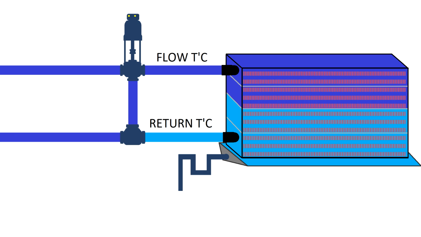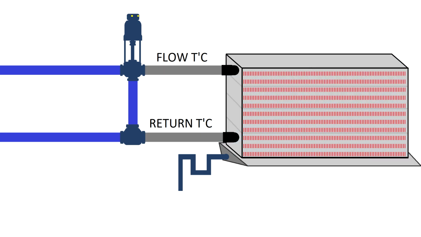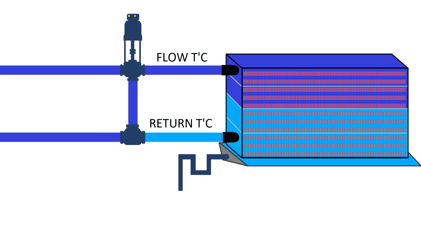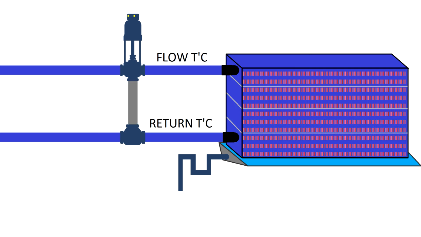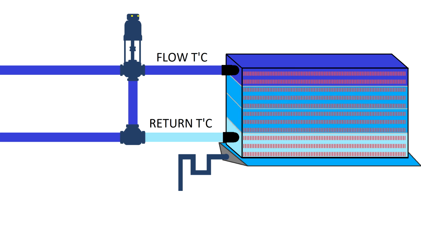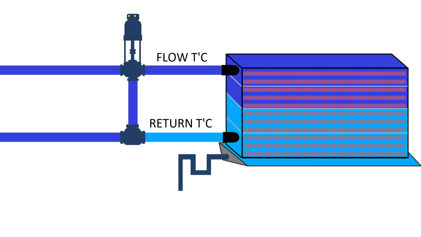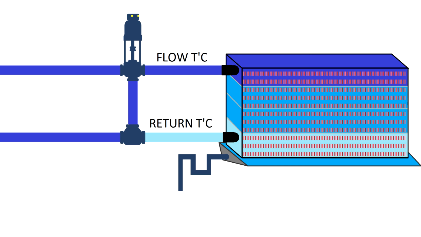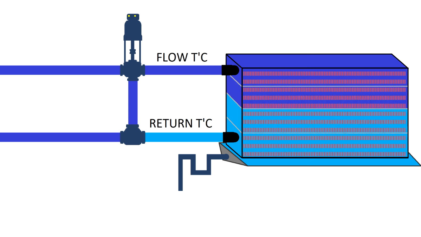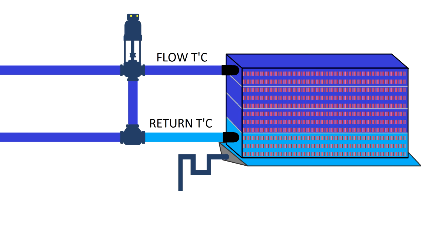Now, as you will see, the programmable logic control or a thermostat which has PID capabilities or a building management control will collect data from the room's temperature and relative humidity, and will actuate this three-way valve, allowing more or less cooling agent to pass through the heat exchanger.